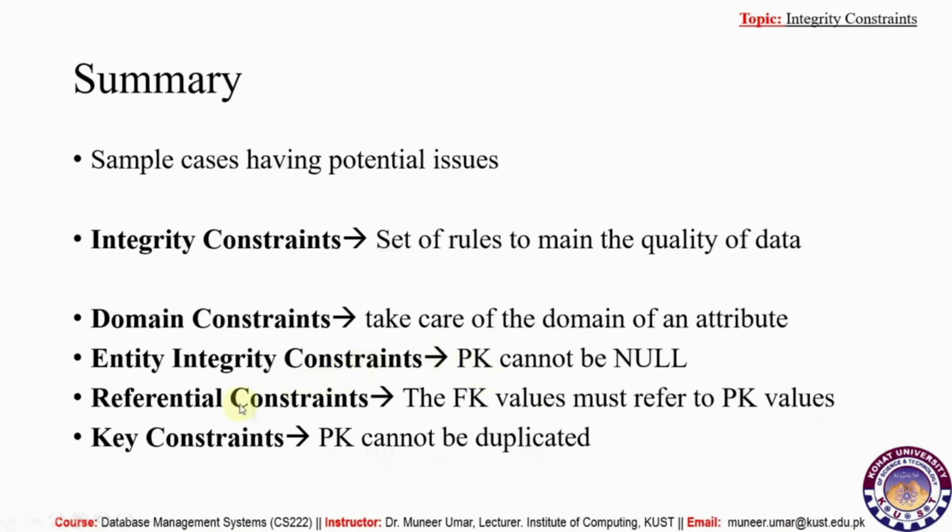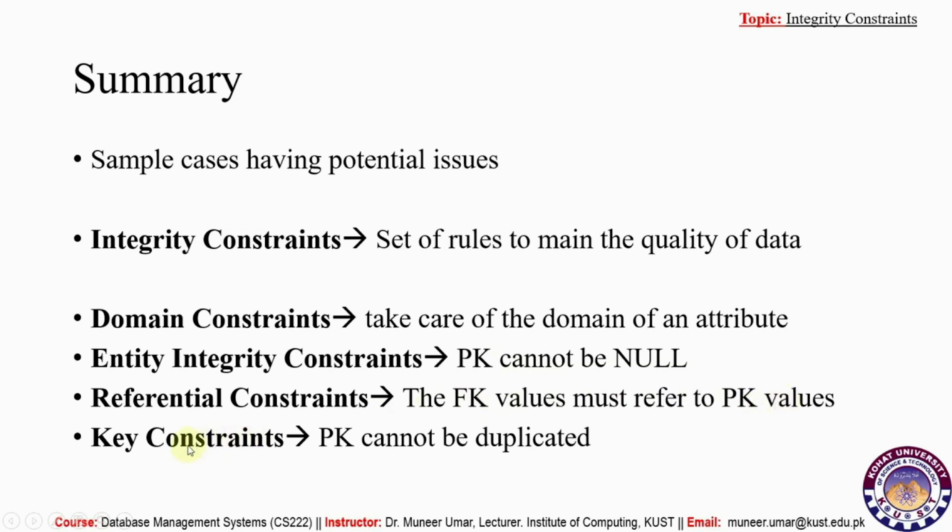Then in referential constraints, we saw that this type of constraint is used in 2 interconnected tables, and the rule is that the foreign key values must be present in the primary key values in the connected table, or simply say that the foreign key values must refer to the primary key values in the second table.